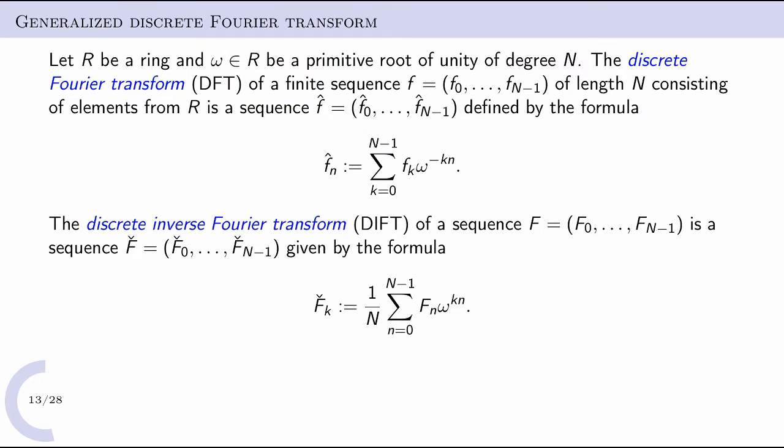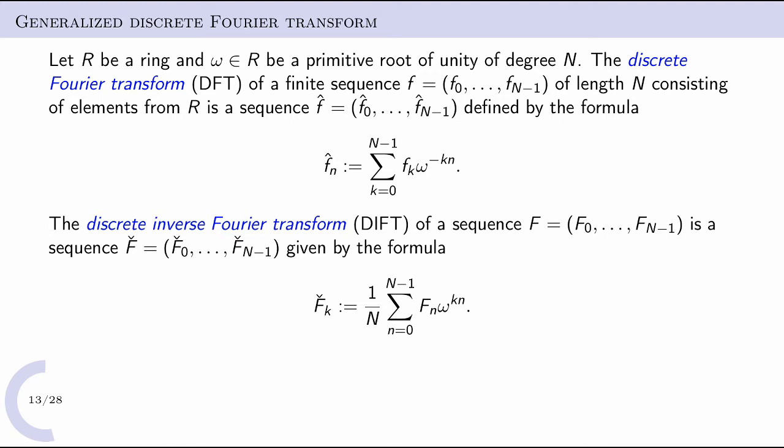So now the general definition of a discrete Fourier transform is the following one. We have a ring and we have a primitive root of unity omega of degree n. Let me recall that it's a number such that its nth power is 1, and this is the first power where omega to the n becomes 1.